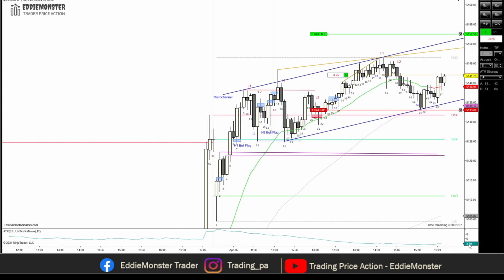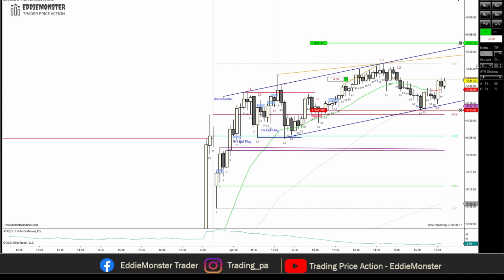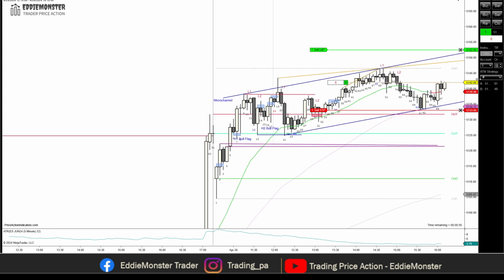ATR is 3.79, so it gets lower. But then we're getting into the final show, right? End of the day. I'll try to make something like this. Let's measure move up by 163.